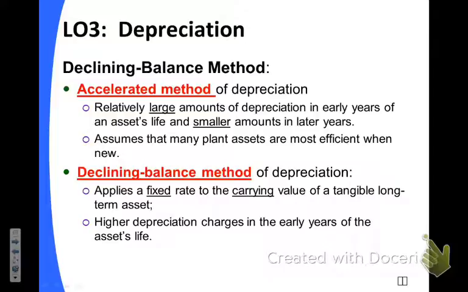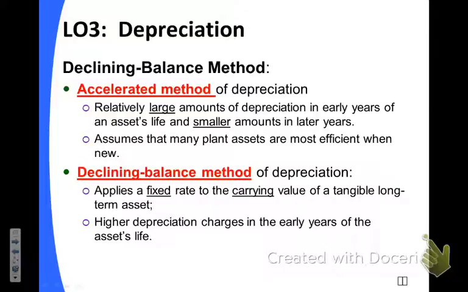The declining balance method is an accelerated depreciation method where we take larger amounts of depreciation in the early years of an asset's life and smaller amounts towards the end of the asset's useful life. It basically assumes that the plant assets we're depreciating are going to be more useful or more efficient in the early stages of their life, and so we depreciate a larger portion at that point in time.